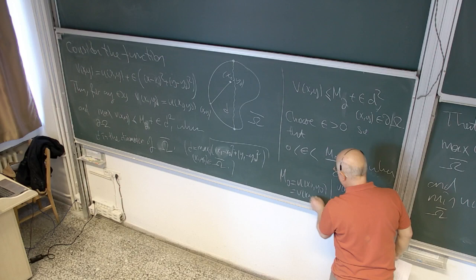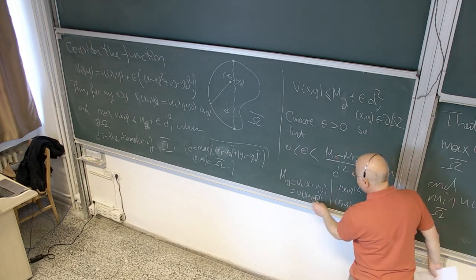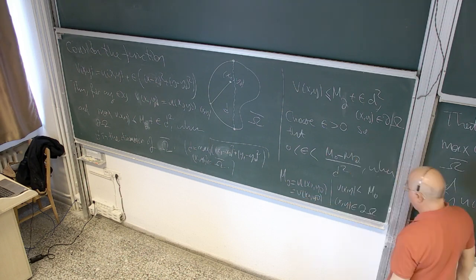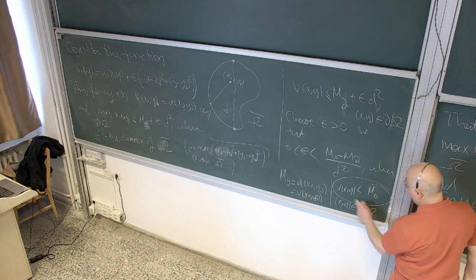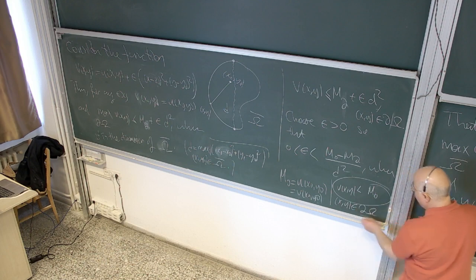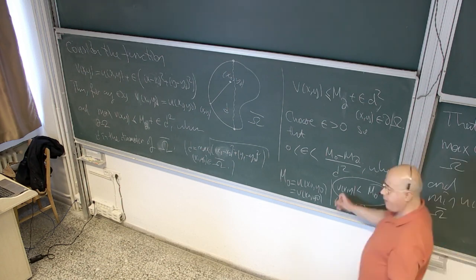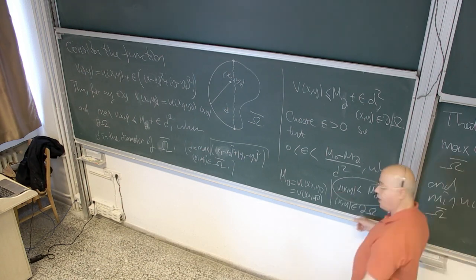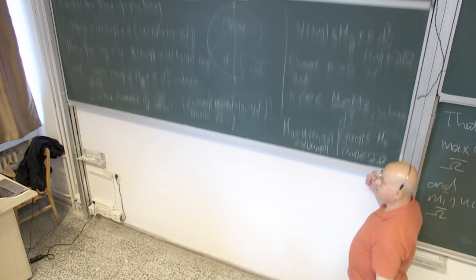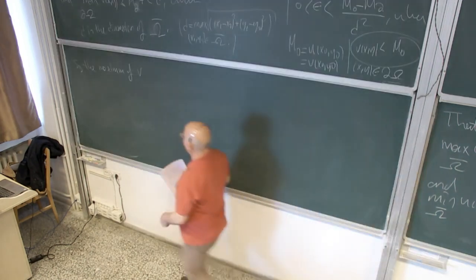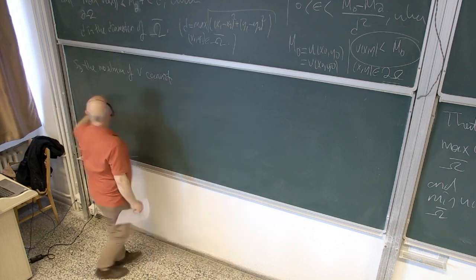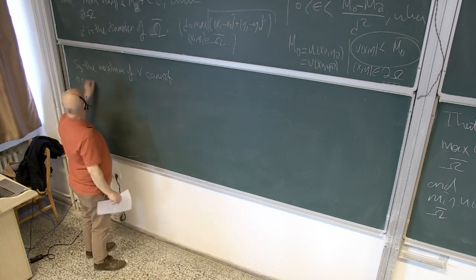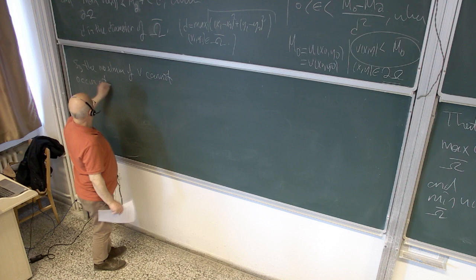So at some point inside the region v takes this value, but that value is larger than all the values of this function on the boundary. Therefore, the maximum of this function cannot occur at a boundary point. So the maximum of v cannot occur at a boundary point.